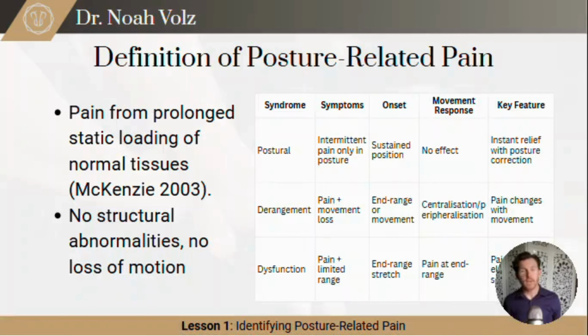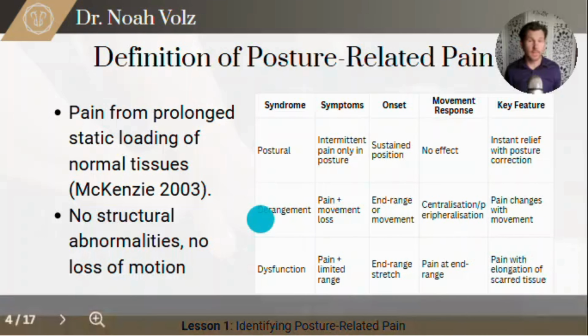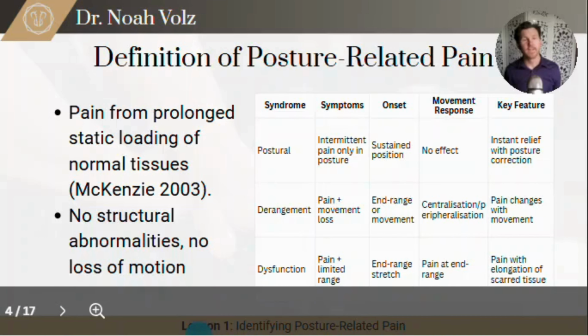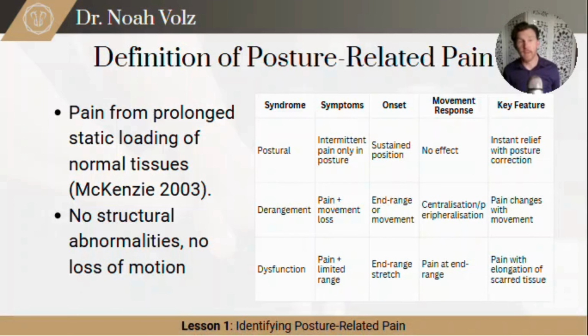So let's look at how this type of pain compares to some of the other types of pain that we may see. Posture-related pain is pain from prolonged static loading of normal tissues, or from being in a certain posture for a prolonged period of time. It's intermittent. It really depends on your posture, whether or not you have pain. It happens when you're in a certain posture for a sustained period of time. That's different for everybody.